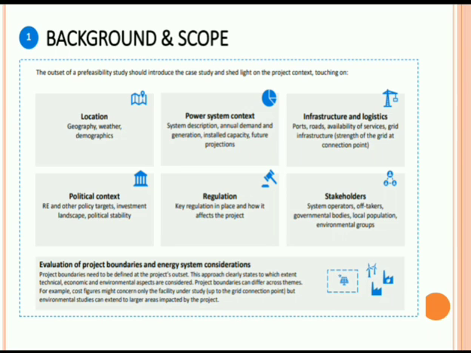We will see the location of the project, then power system contents: system description, annual demand of the power system and generation, installed capacity, and future projections. All these terms will be considered in the power system context. That will be done in the background and scope first step.